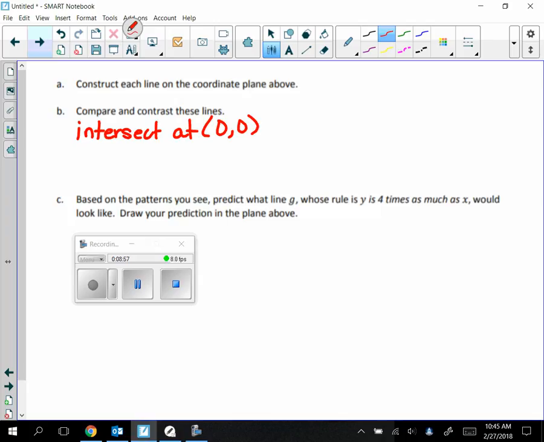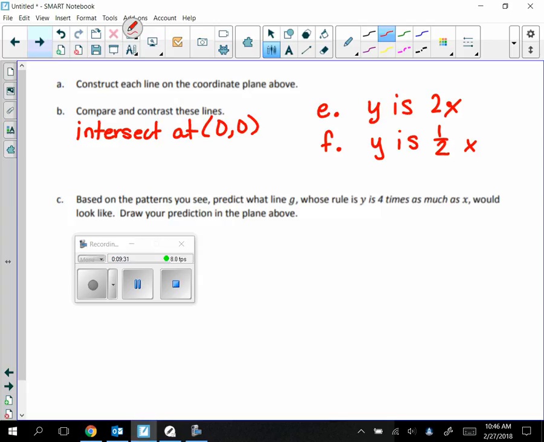F is half. So your y coordinate is half of x. So with line E, the y is 2 times x. On F, the y is half of x.